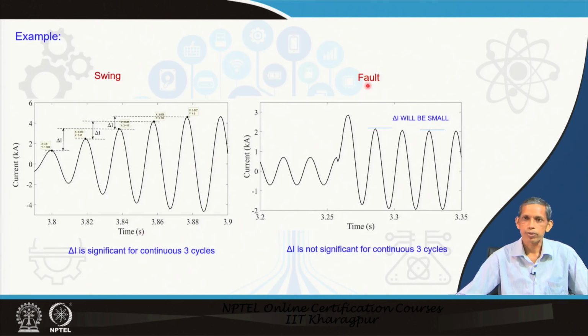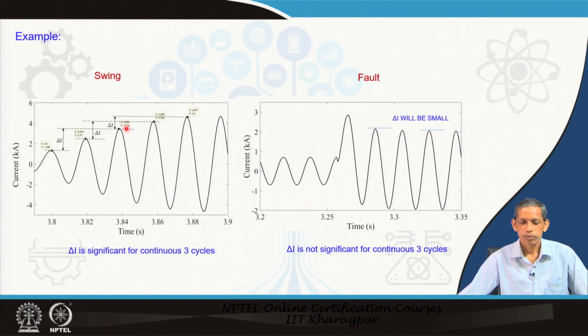Now, this is a fault situation, and suddenly the current jumps. At this point, compared to 2 cycles earlier, the delta I becomes significant. But if you see this point inside the fault, because the decaying DC dies down and it goes to the steady region, then comparing this point with 2 cycles earlier, the delta I becomes negligible compared to the swing situation.